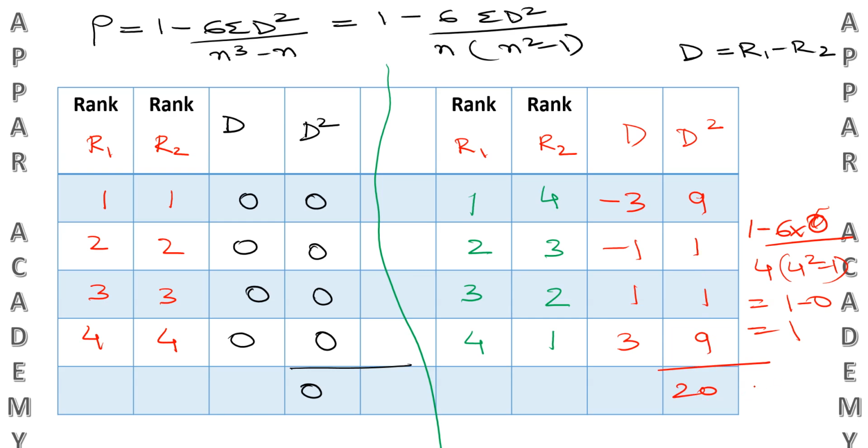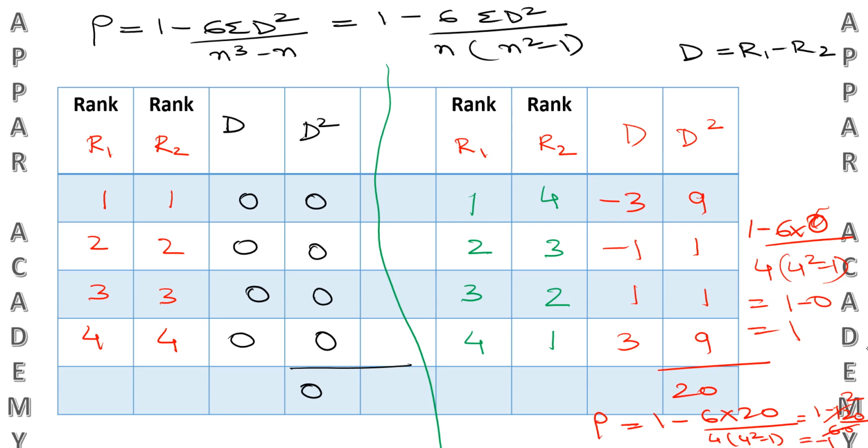Now if we put this, rho will always be equal to 1 minus 6 into summation d square, which is 20, upon n is 4, into 4 square minus 1. So this becomes 1 minus 6 into 20 upon 4 into 15. Right? So this becomes 1 minus 120 upon 4 into 15, that is 60. So cancelling it out, this becomes minus 1.